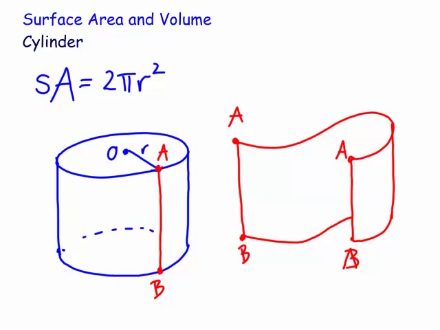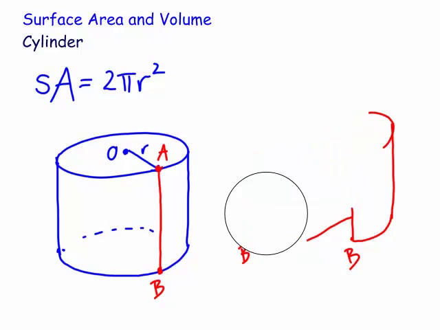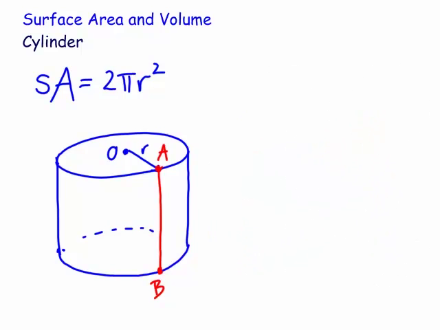Let's fix this up, as it looks a bit messy. Obviously, this is going to be a rectangle, so let's rub this out and flatten it out a bit more.